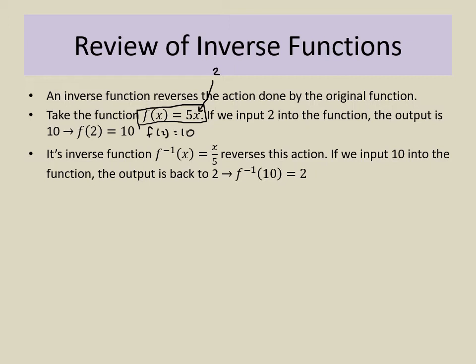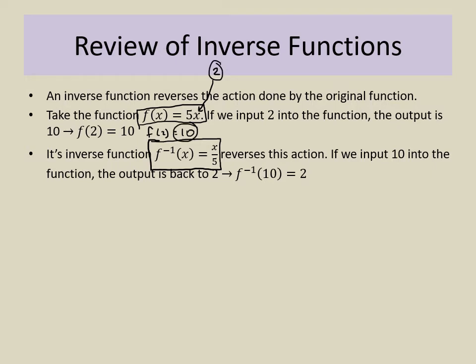So what do you think an inverse function of that one would do? Well, logically, here is the inverse function of f, and it's x divided by 5. So instead of taking a value and multiplying it by 5, it's going to take that value and divide it by 5. So now, it reverses this operation. In the first function, when 2 was the input, 10 was the output.